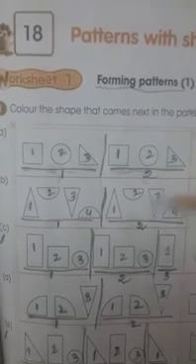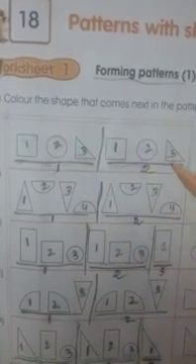You can see here, first you have to count the shapes: 1, 2, 3, 4, 5, 6. Now this 6 shapes you have to divide into 2 patterns, and each pattern should have 3.